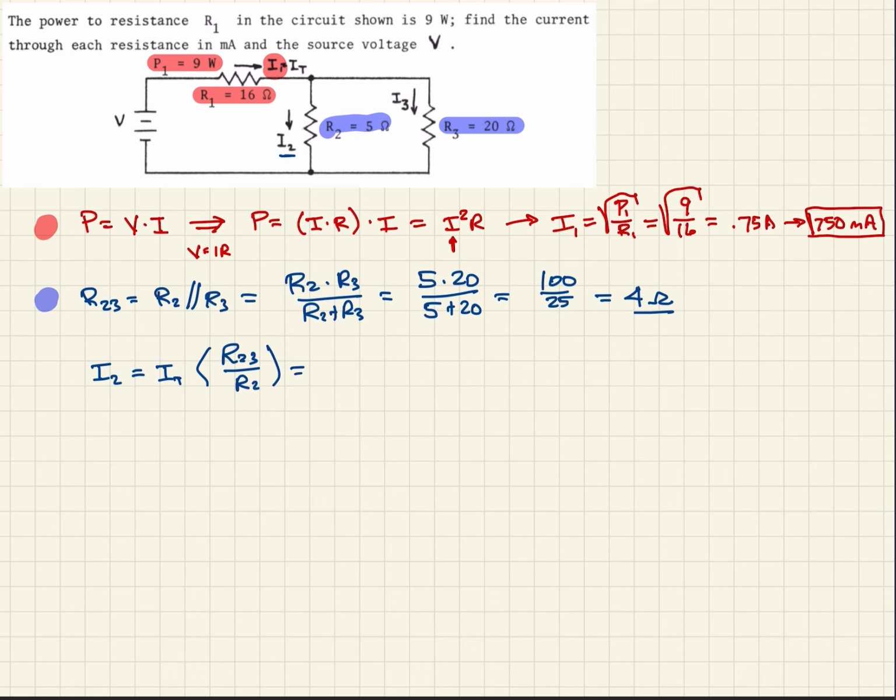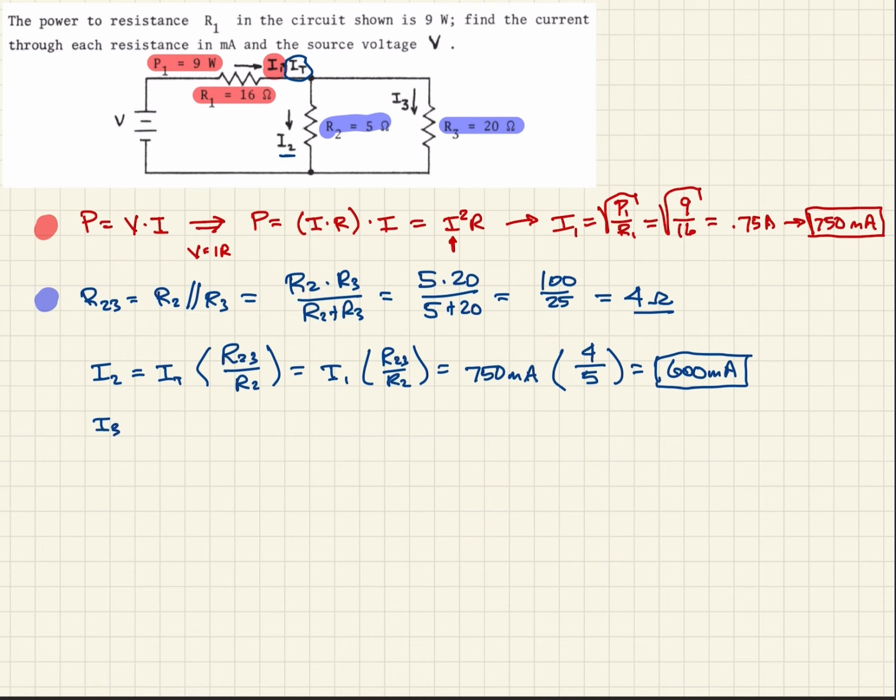In this case, that IT is the same thing we saw before. It's the same thing as I1. So that'll be I1 times R23 over R2. When we plug these values in, that'll be 750 milliamps times 4 ohms over 5 ohms. And when we calculate that out, we should get 600 milliamps. So there's the value for I2.